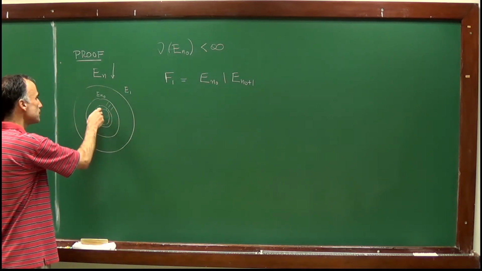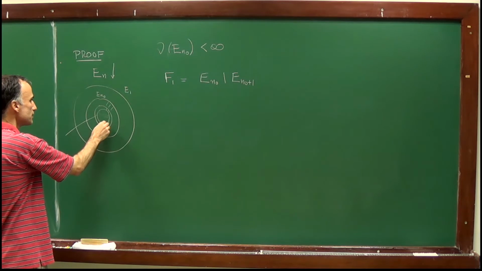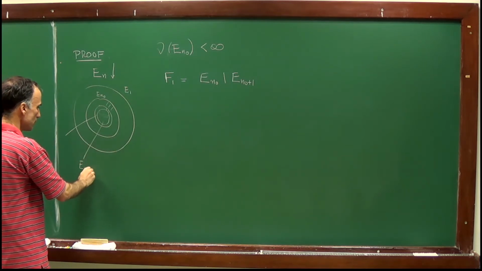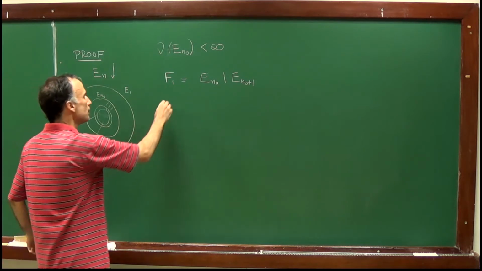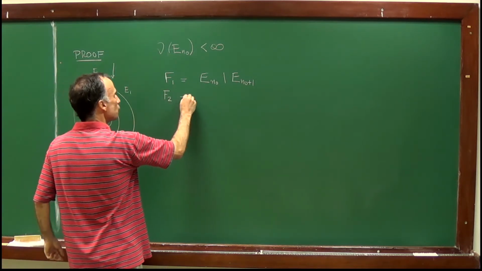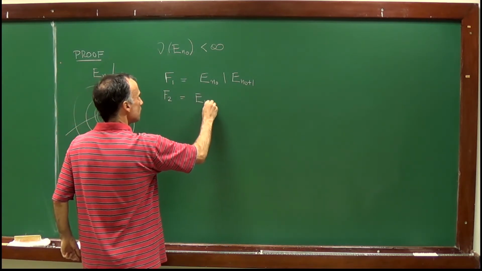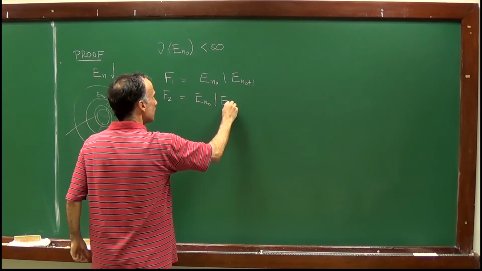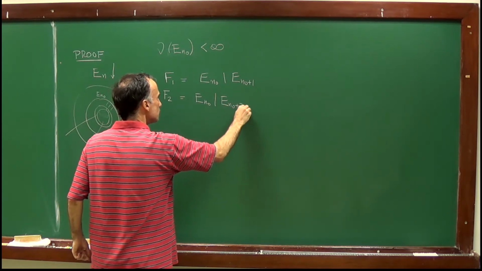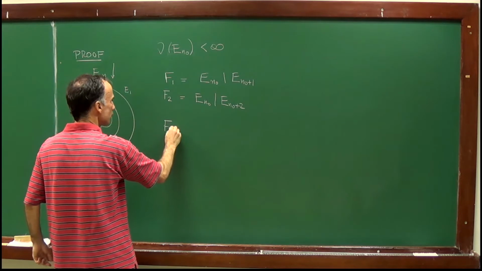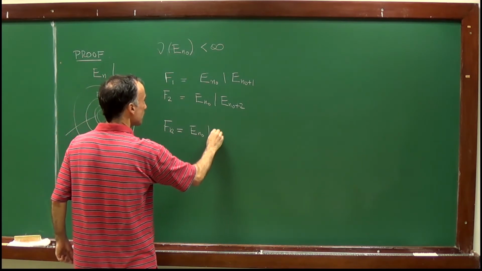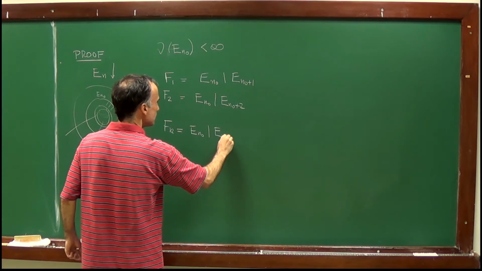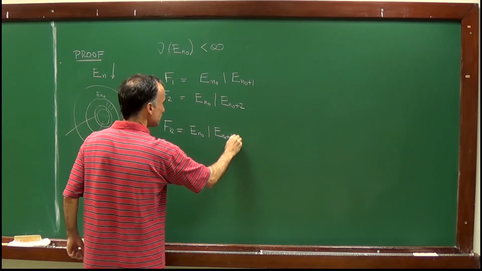Of course, En0 plus 1 is this set, and this set here is En0 plus 2. So my second set F2 will be En0 minus En0 plus 2. And in general, Fk will be En0 minus En0 plus k.